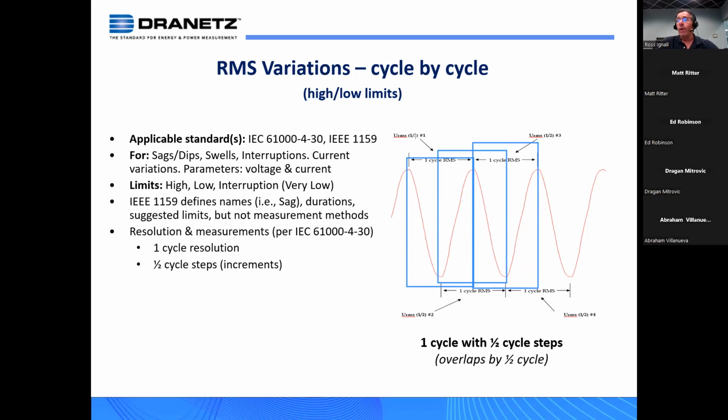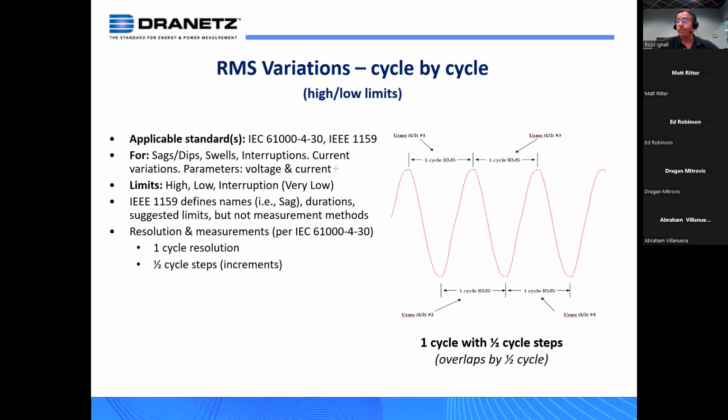So really the resolution of any high or low limit, a sag or a dip or an interruption limit, is one cycle, but that incrementing period is not one cycle, it's half of a cycle. So the point being, you have overlapping measurements here. You can see this area overlaps with the cycle before and after it, and the same thing over here. Hopefully that's clear. That's the way that particular type of trigger works.